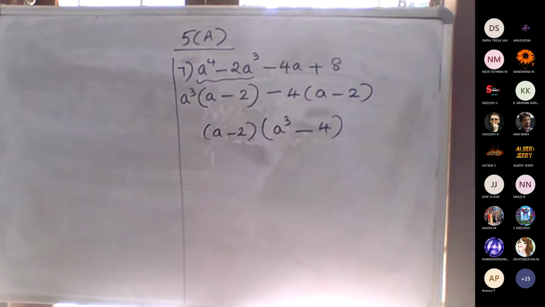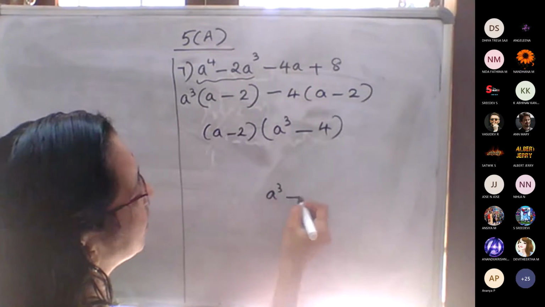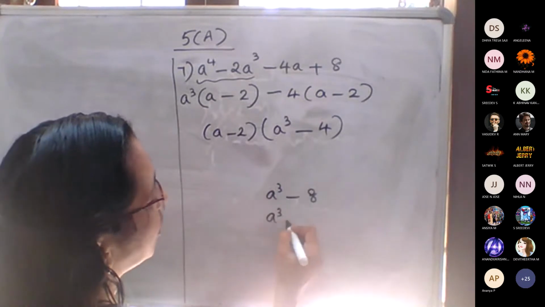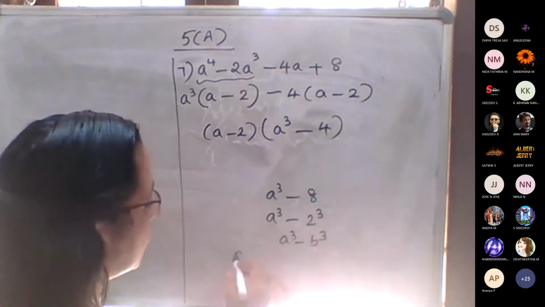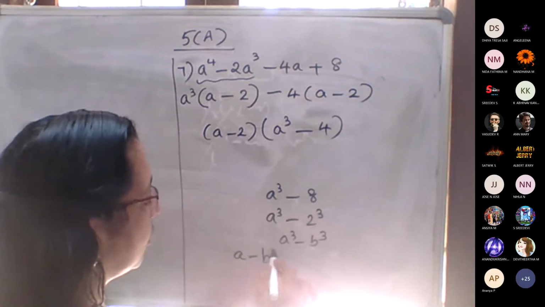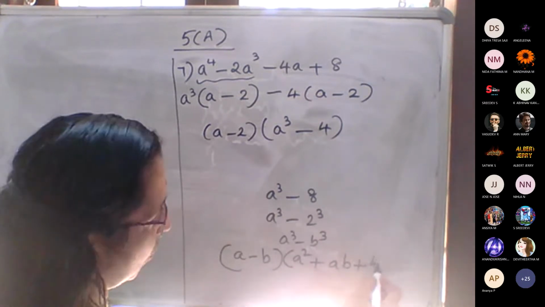Then can we do anything? Nothing. If it is 8 we can do. a cube minus 8, 8 can be written as a cube minus 2 cube. That is a cube minus b cube, which we studied in the last formula: a cube minus b cube is equal to (a minus b) into (a square plus ab plus b square).